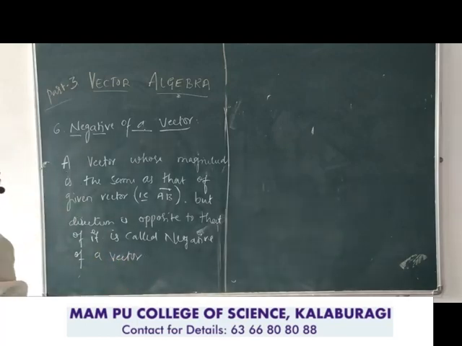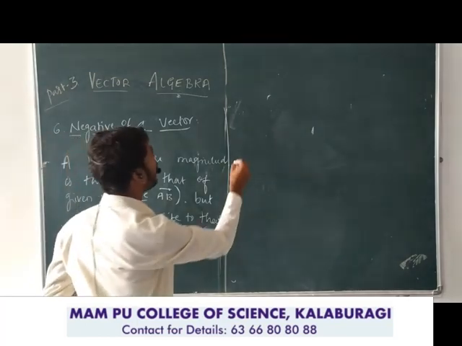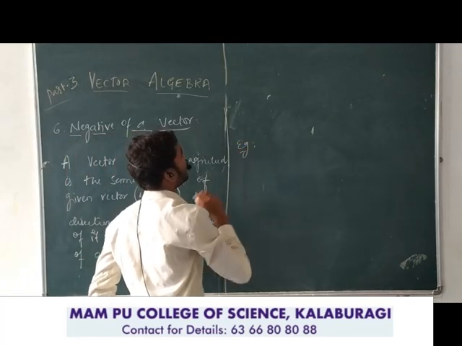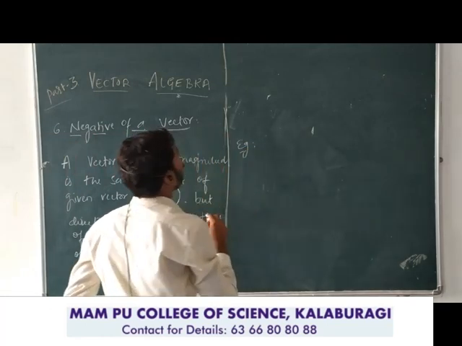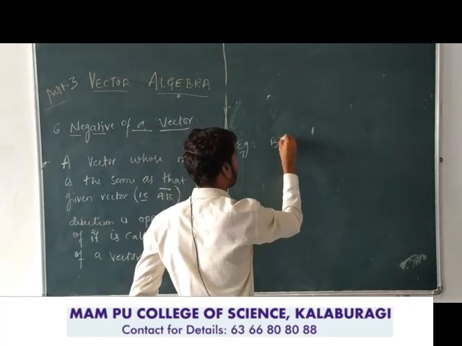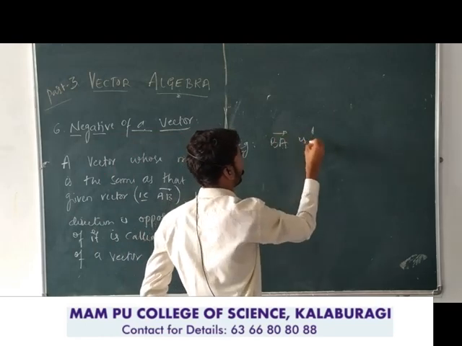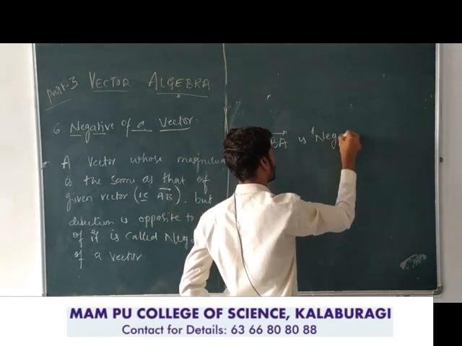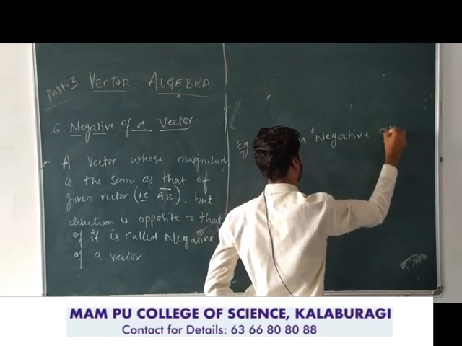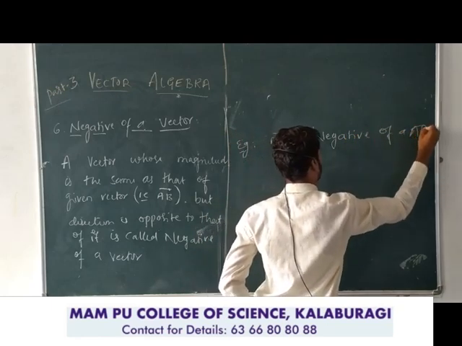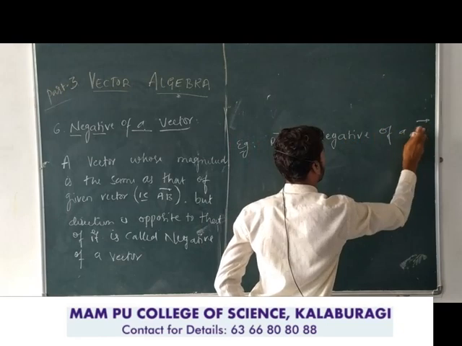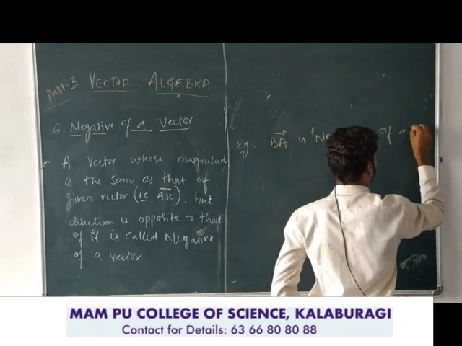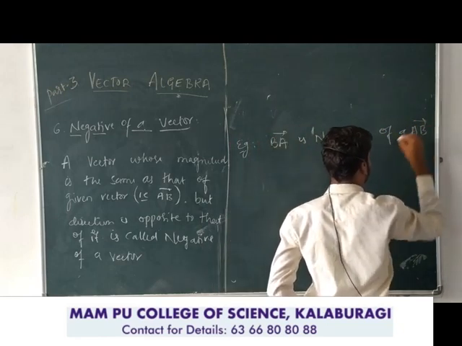For example, I write here: this BA is a negative vector of the AB vector.